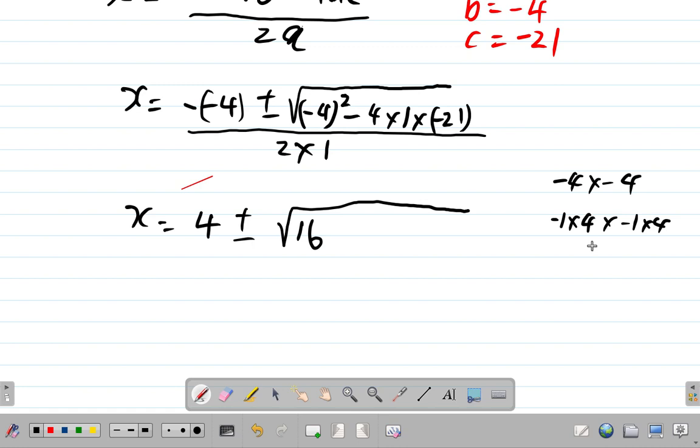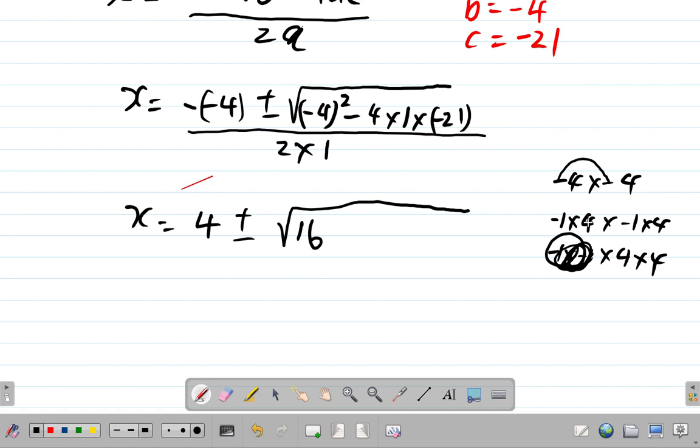If you rearrange this, you get negative 1 times negative 1 times 4 times 4. But negative 1 times negative 1 is positive 1. So it's 4 times 4. In other words, the two negatives multiply and give you a positive. So we're going to have a positive 4 times 4, right?